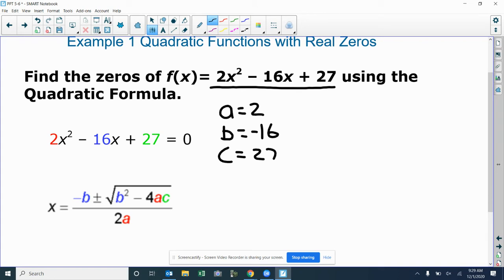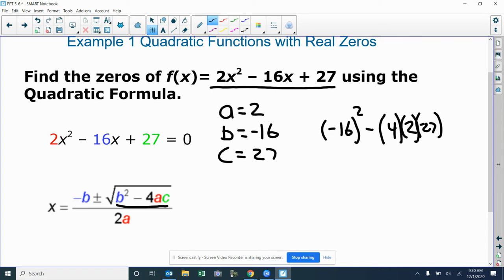So my b squared minus 4ac, I'm going to use my calculator, and I'm going to put it in just like this. Negative 16 squared minus, I'm going to put another bracket, 4 times my a, which is 2, times my c, which is 27. I'm going to throw that right in my calculator.